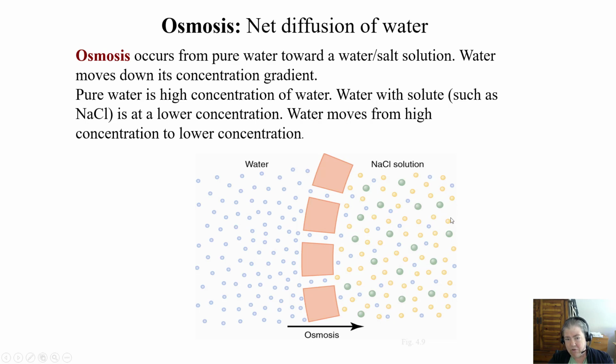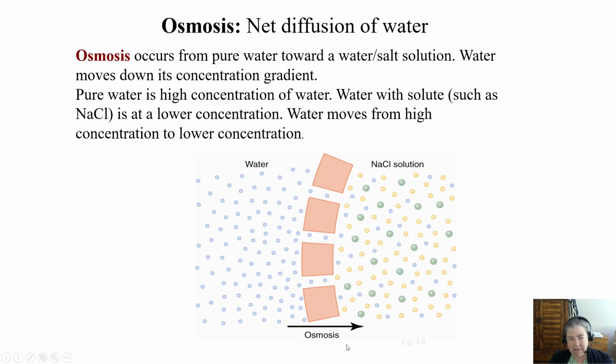the salt in this solution means that there's a lower concentration of water. And therefore, water molecules are going to move from the area of high water concentration across this semi-permeable membrane. And it's semi-permeable because it's not letting the sodium and chloride ions move back. So water is moving across this semi-permeable membrane from an area of high concentration to an area of low concentration.